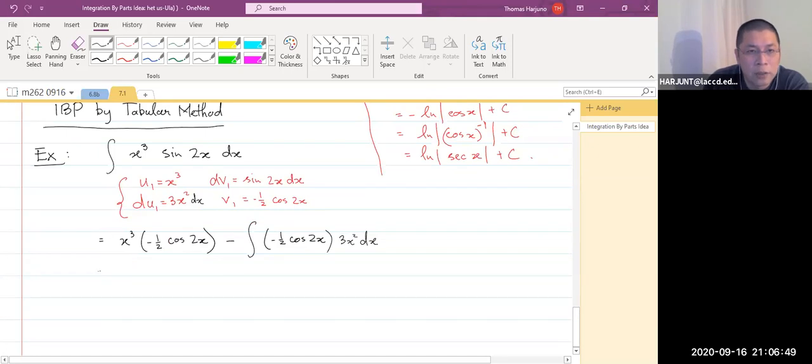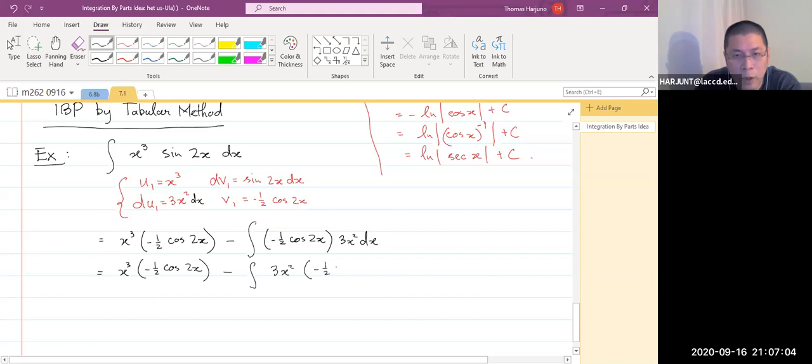This part, the first term here, I will just leave it like that. I will not simplify. You can simplify it yourself later. Minus integral of 3x squared times negative 1/2 cosine 2x dx. So I basically switch the position of this guy and this guy. Is it okay?